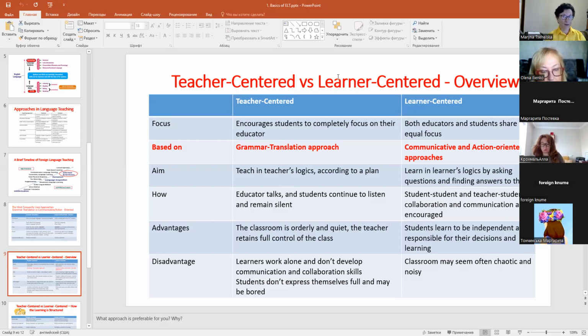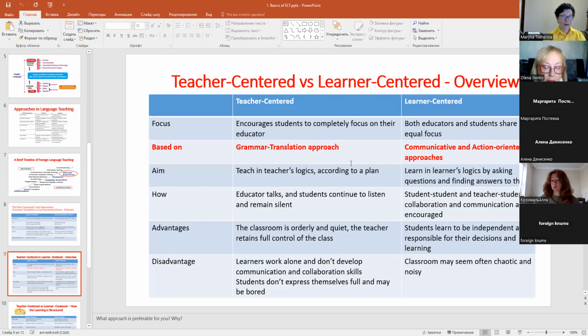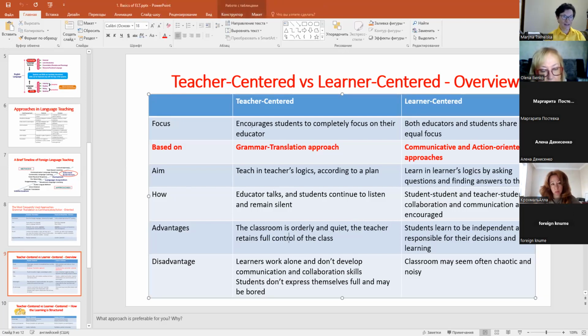And you know that today we as teachers need many things that really help us survive in this situation. So sometimes having a teacher-centered classroom is not that bad. However, when we have a learner-centered classroom, we usually make students responsible for what they learn.